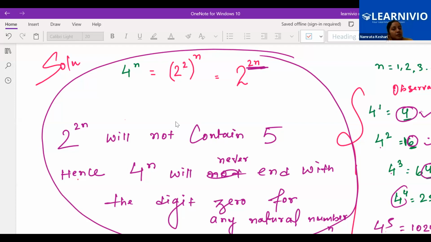If 5 is not there and only 2's are there, then you will not get the end digit as a 0. If only 5's are there, still you will not get the end digit as a 0. So the combination of 2 and 5 has to be there. 2 into 5 makes 10, and this 10 has to be there for the end digit to be 0.